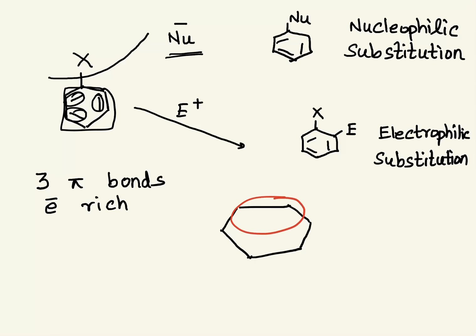Now, because of this electron cloud above and below the ring, do you think that it will allow the nucleophile to come and attack the halogen which is attached to it? It will not. It will not entertain the nucleophile easily, right? So, we will have to bribe these electrons, divert their attention and then make it possible for the nucleophile to replace the halogen.